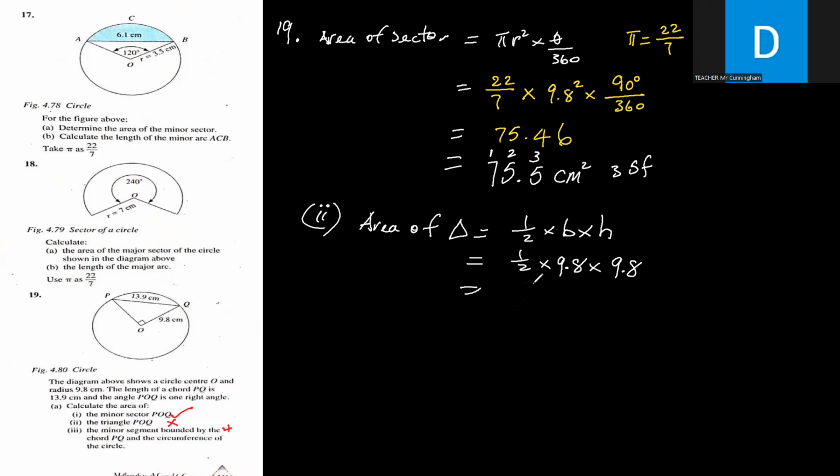So this is 48.02 centimeters squared. So area of segment now. Go ahead, people. Find the area of the segment.